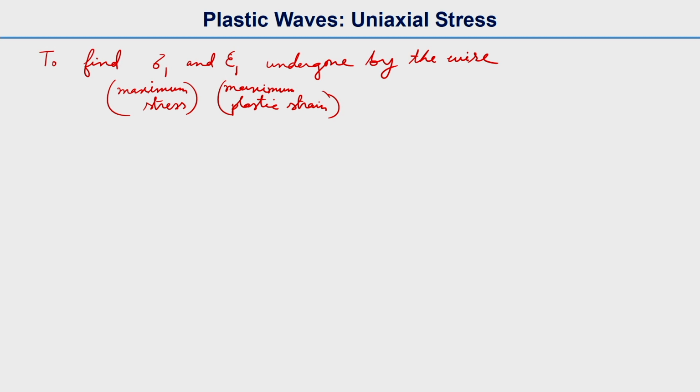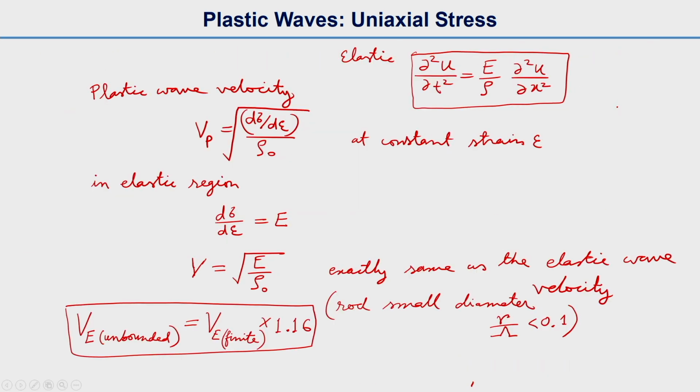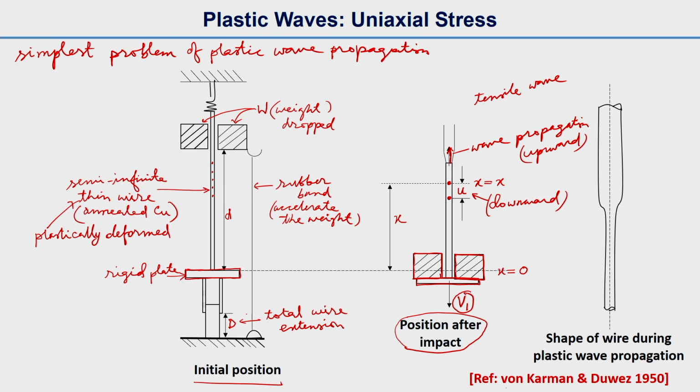But before that, what we want to do is we want to get the strain in terms of the impact velocity. So, to find this at a specific impact velocity v1, so that we know that earlier we showed this v1 when the weight impacted the plate.